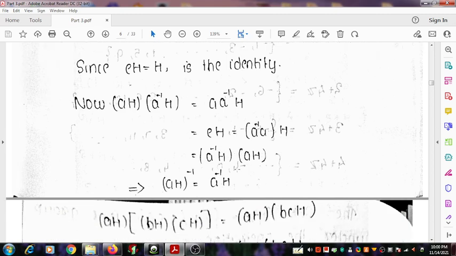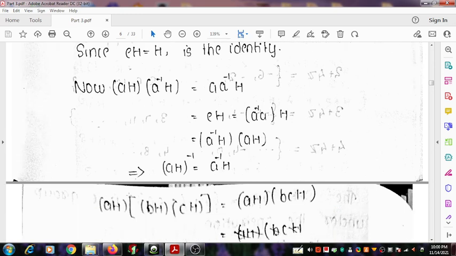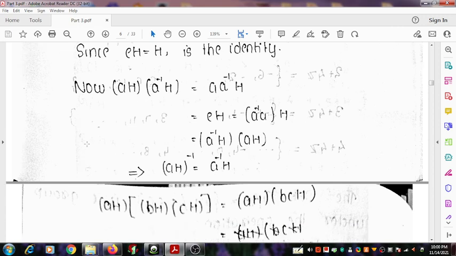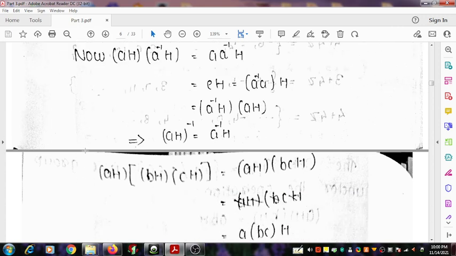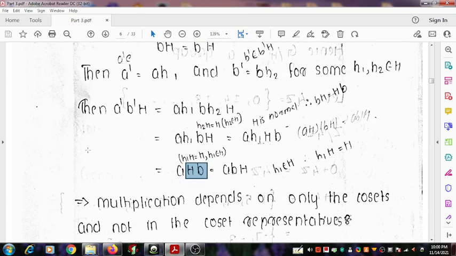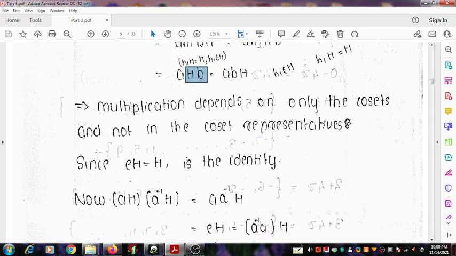Therefore, the inverse of the element AH is A inverse H, and vice versa. Thus we have proved the existence of the inverse. So we have now proved the existence of identity, and the existence of inverse is also proved.